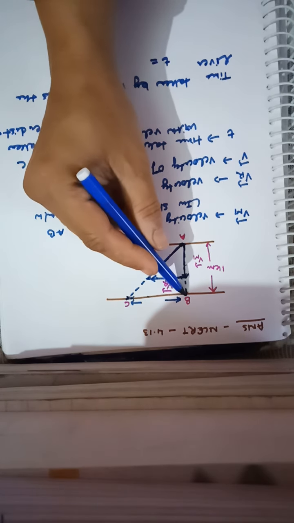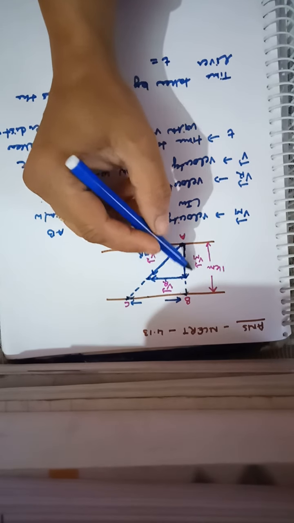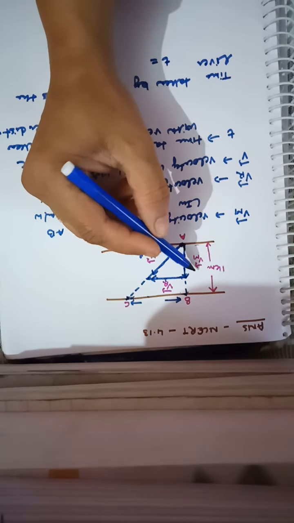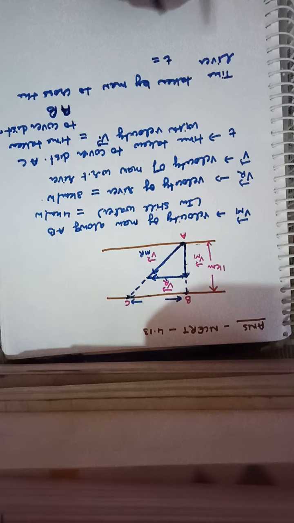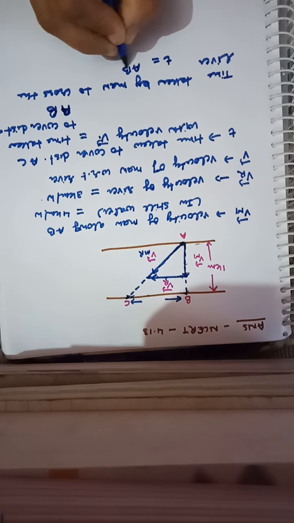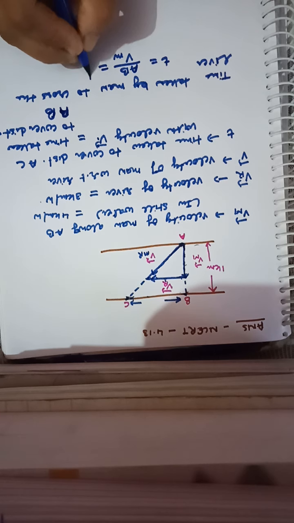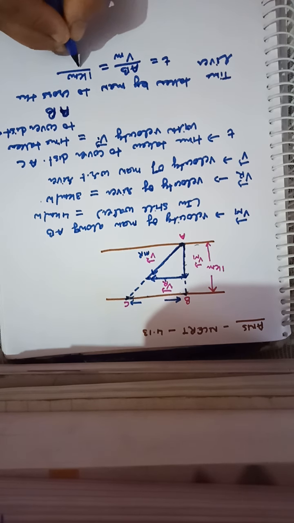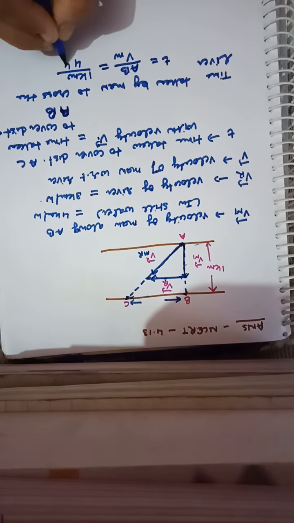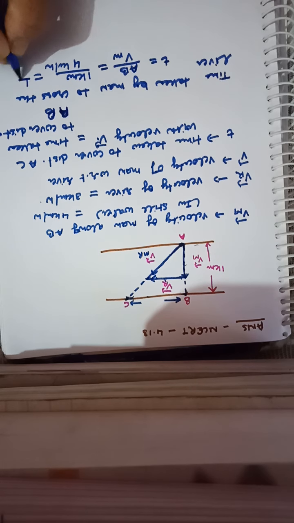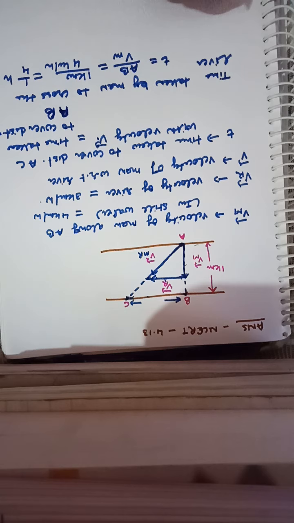What is the distance? AB. तो ये वाला डिस्टेंस के लिए कौन सी वेलोसिटी रिस्पॉन्सिबल है? ये वाली वेलोसिटी रिस्पॉन्सिबल है. ओके, तो व्हाट यू विल राइट? AB अपॉन VM, and you will write it like this: 1 kilometer divided by 4 kilometer per hour. So this will be 1/4 hour. Okay, you have got it.